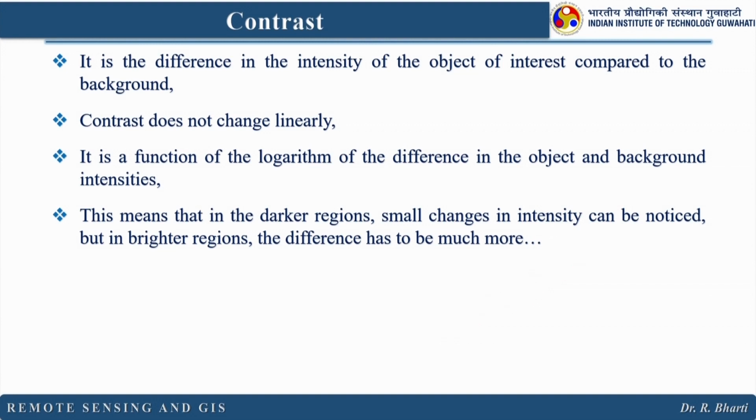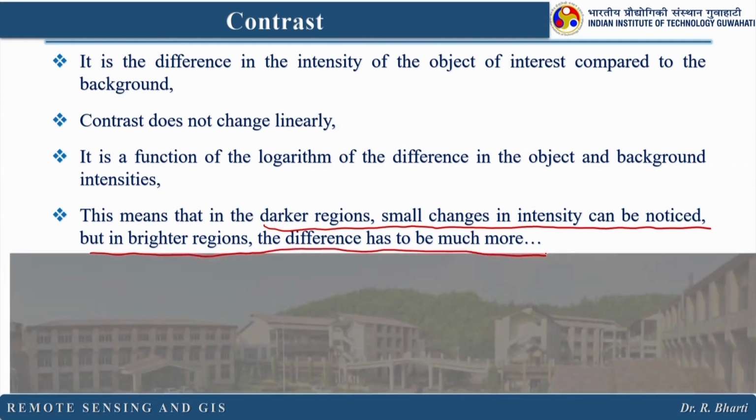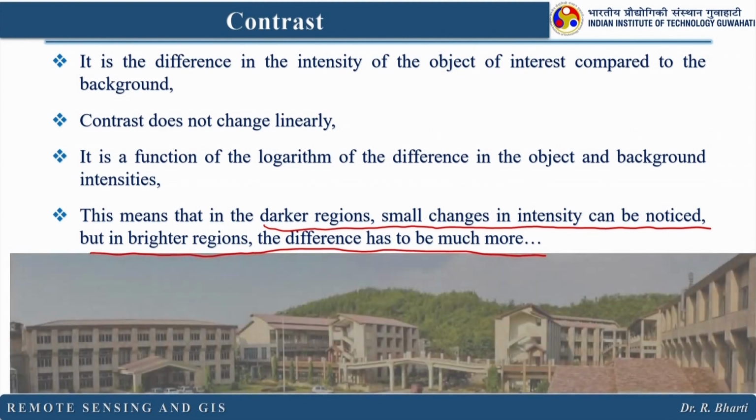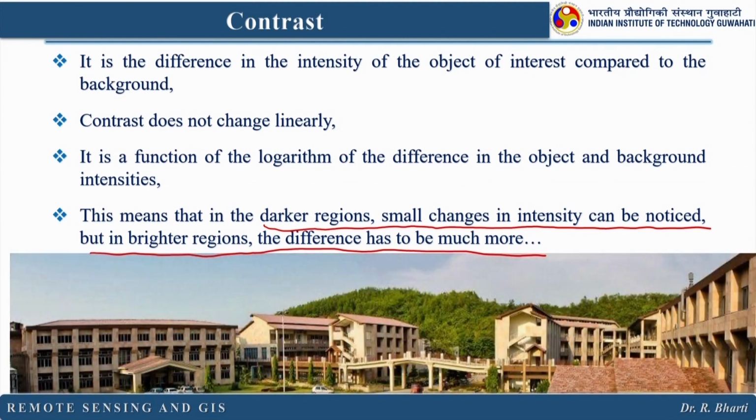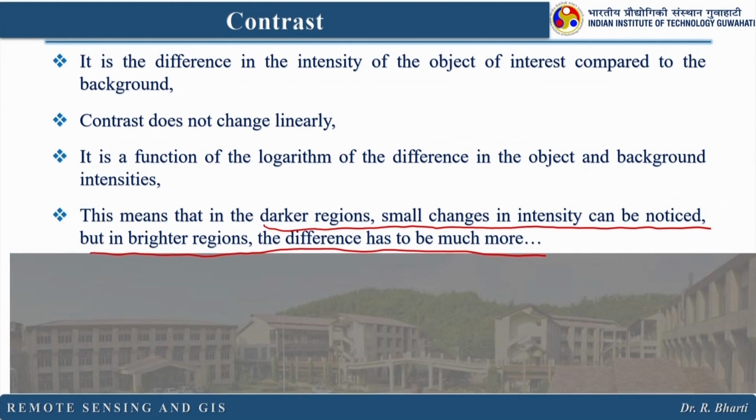So it is saying in the darker region, small changes in intensity can be noticed, but in the brighter region, the difference has to be much more, right? So here you can see one example. Just compare with the first photograph and observe this particular part.